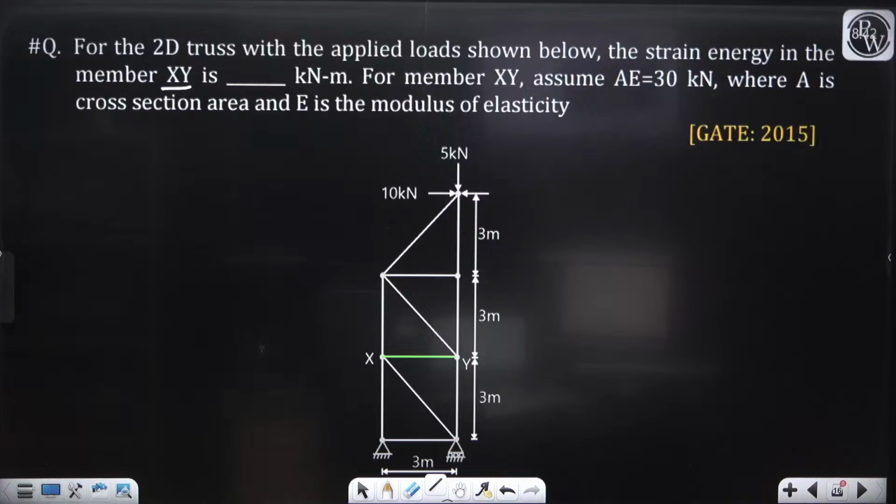And please let me know the answer also, guys. What answer exactly are you getting after solving this particular question?